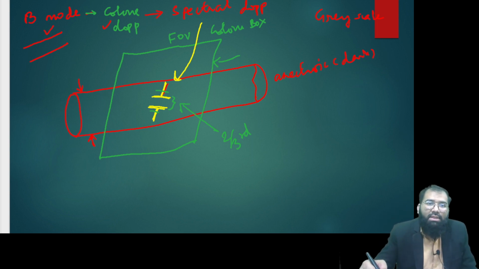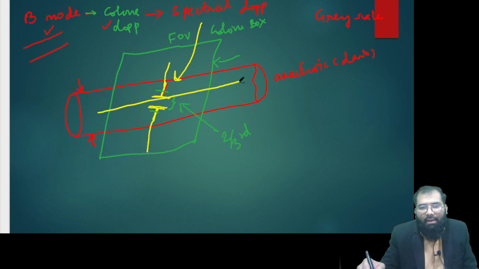Now if you see this angle, there are two things. One is the flow of blood, and one is the angle along the symbol. This is the angle of insonation.